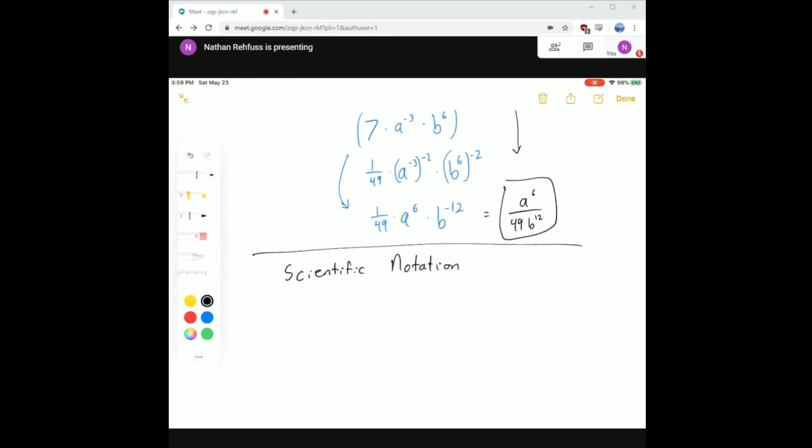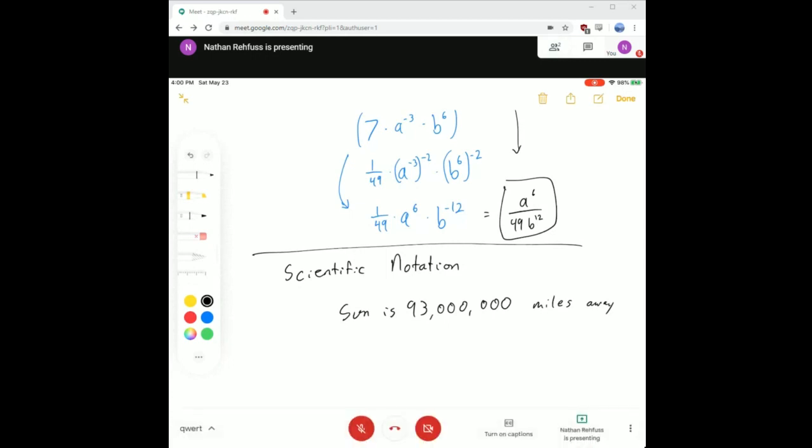A scientist might make note of the fact that the sun is 93 million miles away, and that's why it looks so small. But if I'm writing a paper about the sun and I have to quote this number 3 or 4 times, my little pinky is going to get tired of hitting the 0 key.